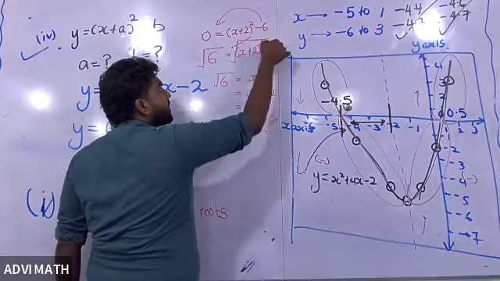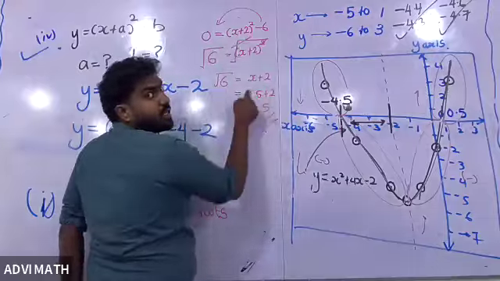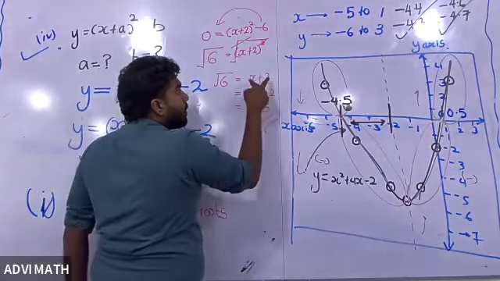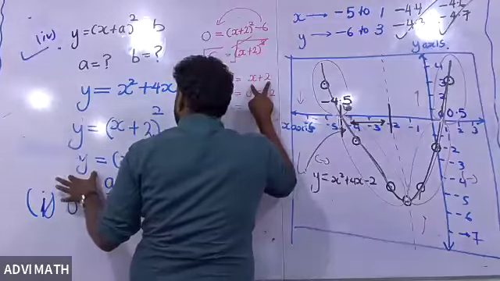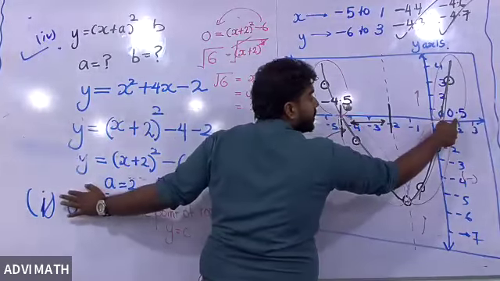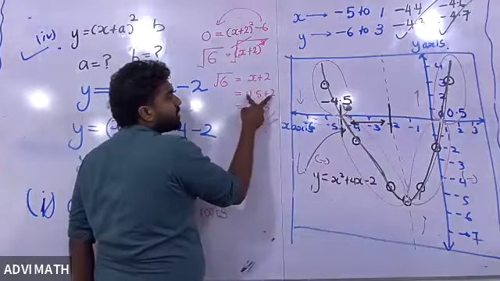To get rid of the square, I put the square root on both sides. Square root and square get cancelled. Square root 6 is what remains, equal to x plus 2. I apply this at the root point. What is your positive root? Substitute that value for x: 0.5 plus 2. What is the answer?